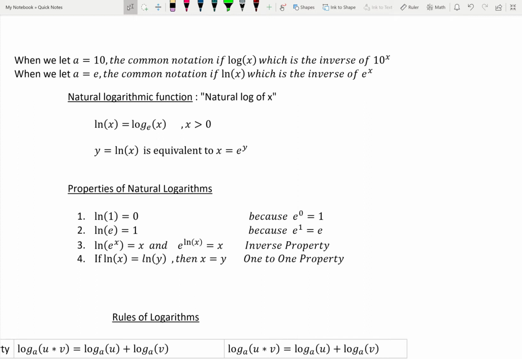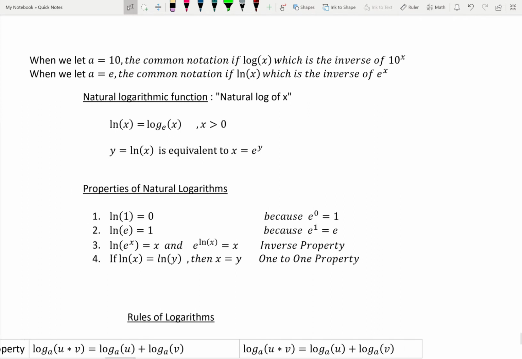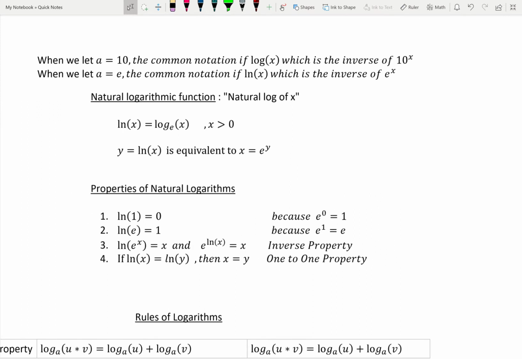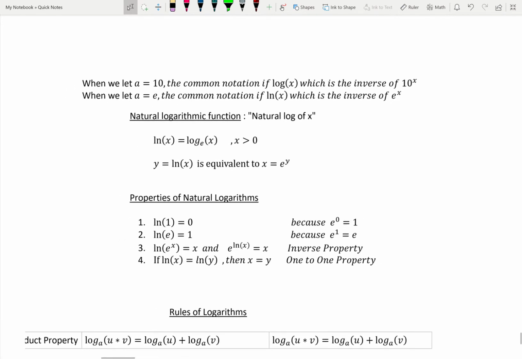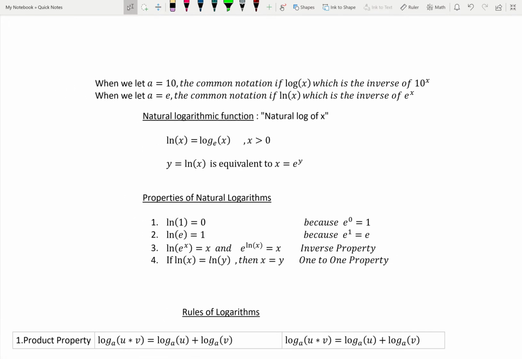The other thing we should know is that there are some operations that we can do with logs. So the first one is the product property. If you have something inside your log where it's two things multiplying, you can break them up into an addition.